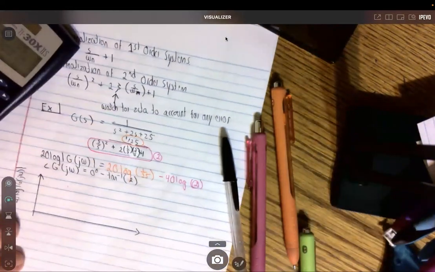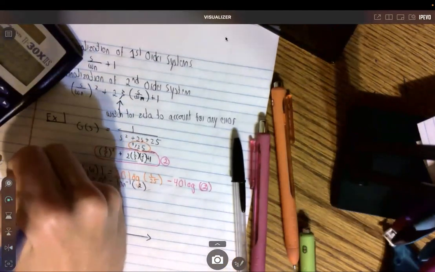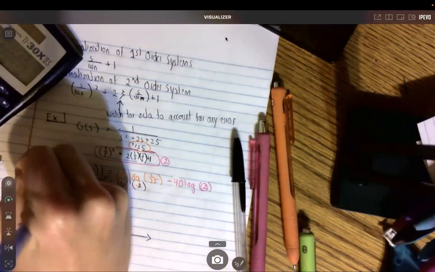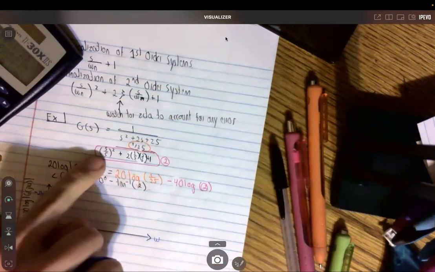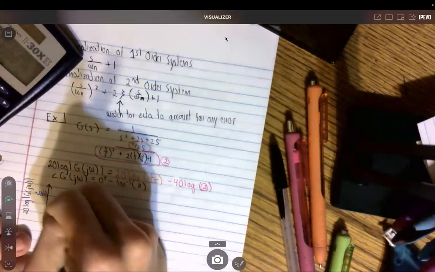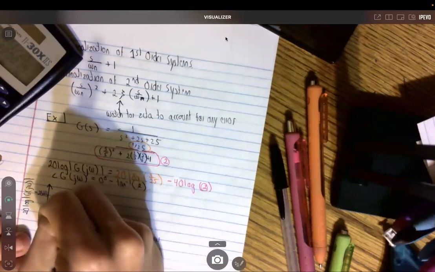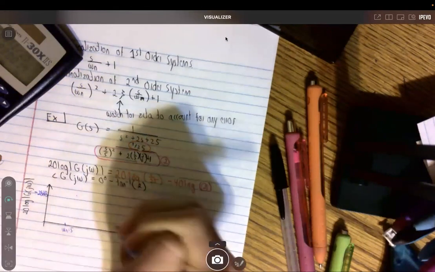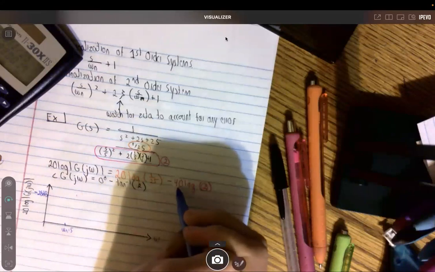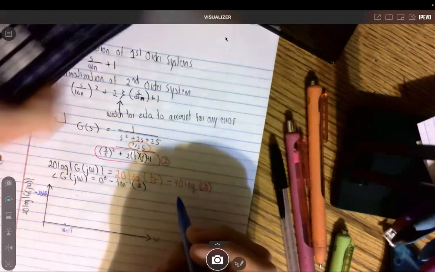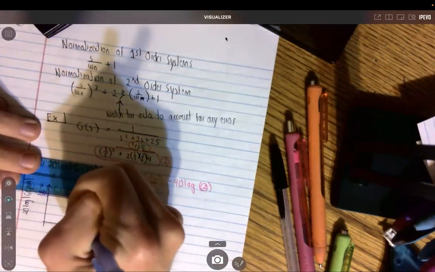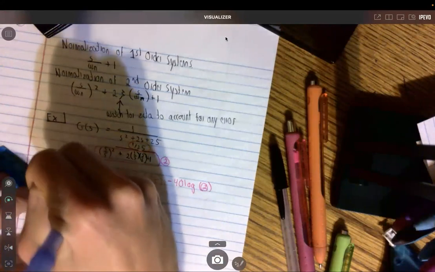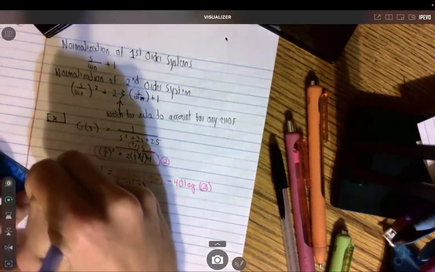So you're going to start out negative 28 dB. And then up until omega is equal to, well, the omega n here is 5. So when omega n is equal to 5, you're going to start going down negative 40 decibels per decade. And so you're going to remain at this negative 28 until you reach that point. Then you're going to go down negative 40 decibels per decade.